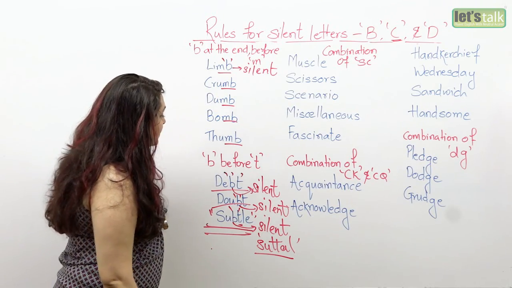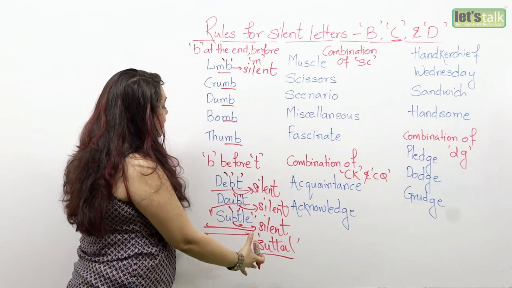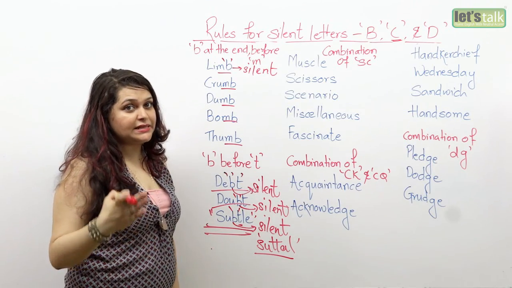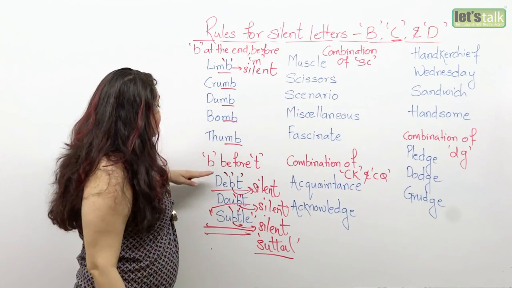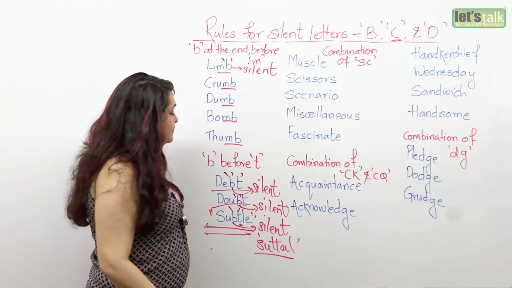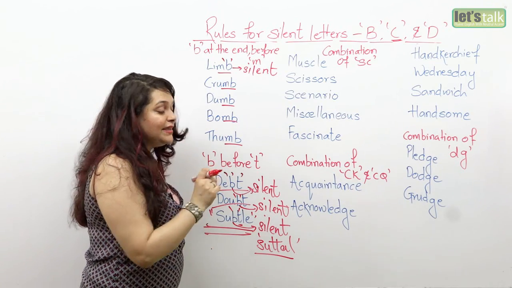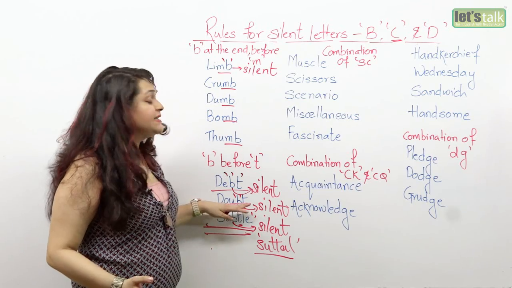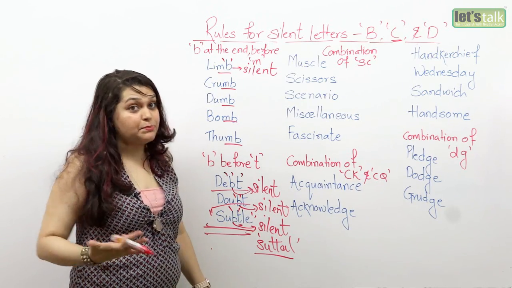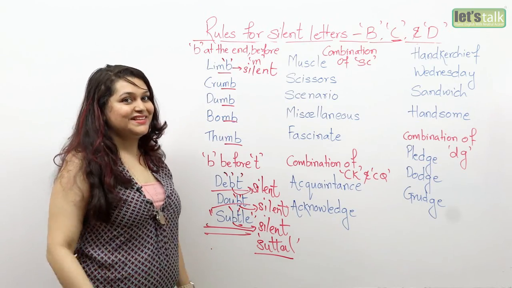I really hope that you've understood this rule. When BT is a combination, B comes before a T and T is at the end of the word, then B is silent. I'll go over the pronunciations one last time. It's not pronounced with a B, it's debt. D-O-U-B-T is doubt. And S-U-B-T-L-E is subtle.